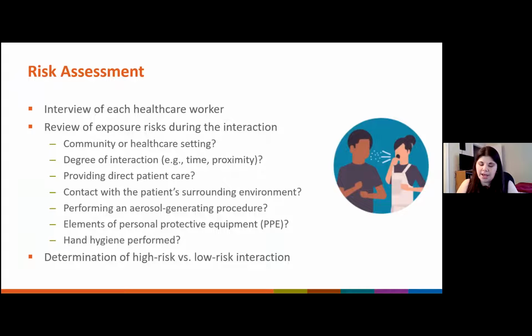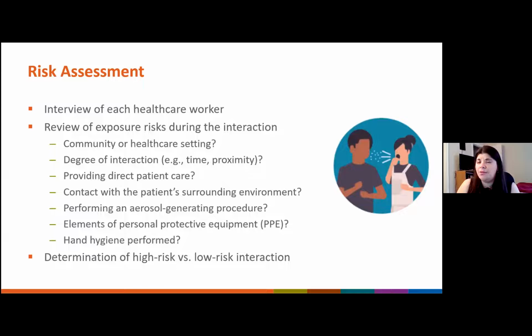So that includes asking if this was an exposure in the community or in the healthcare facility. What was the type of interaction? How long did it last? How close were they? Was it involved in direct patient care? And if so, was that when performing an aerosol generating procedure or just in contact with the patient's environment?